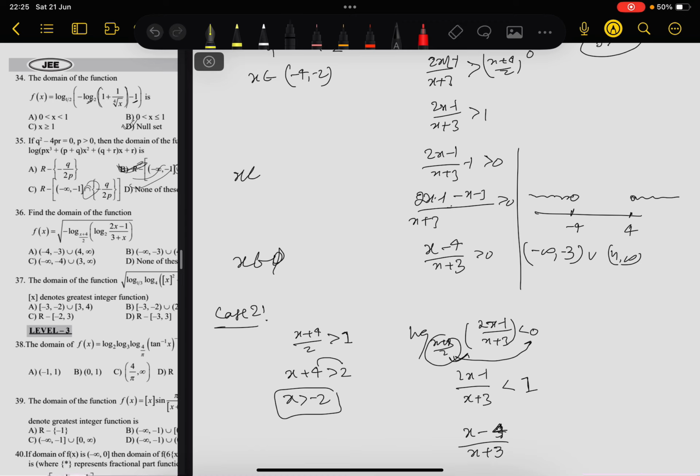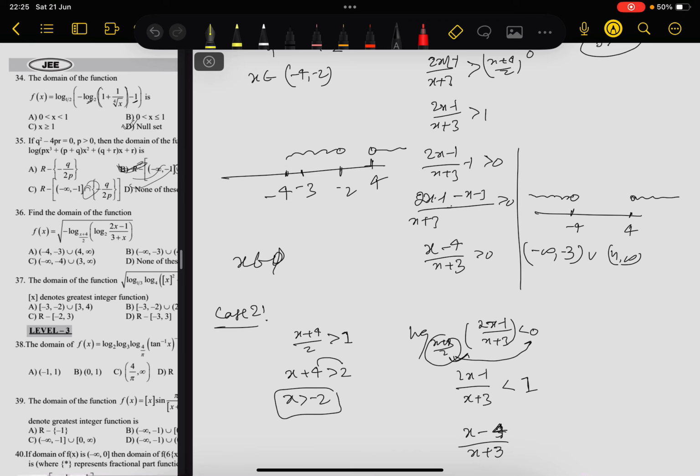Okay, let's correct it. So x belongs to, no, just draw on the number line. So one of the answers is minus 4 to minus 2. So next answer is 4 to infinity, here minus 2 to minus 1. So here one of the answers is minus infinity to minus 3, right?